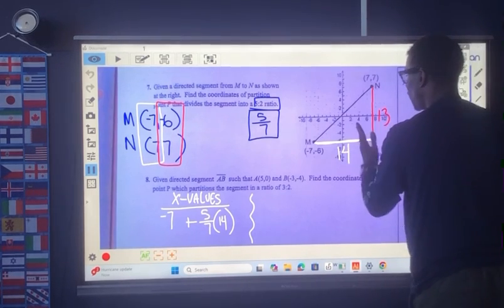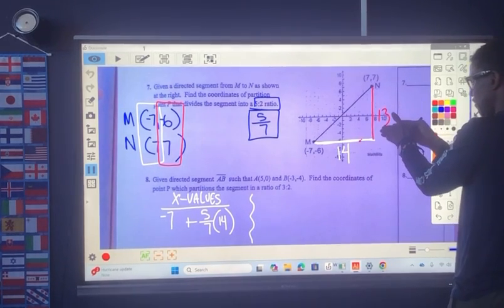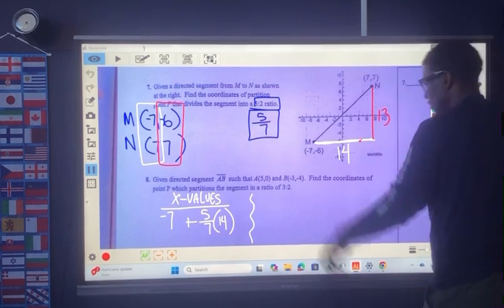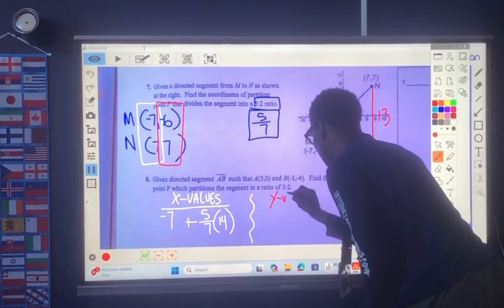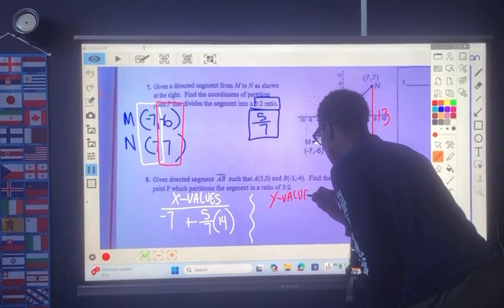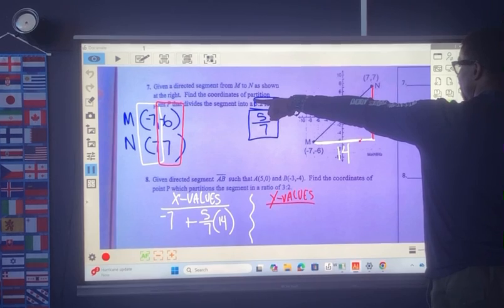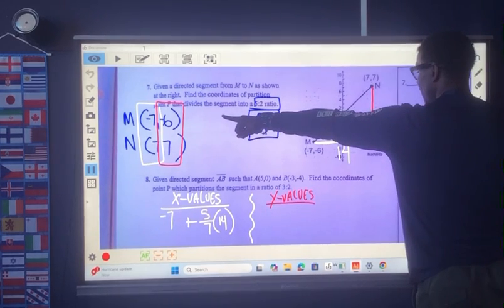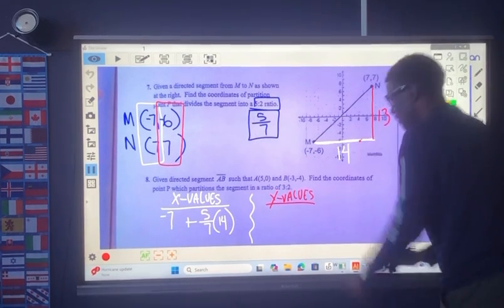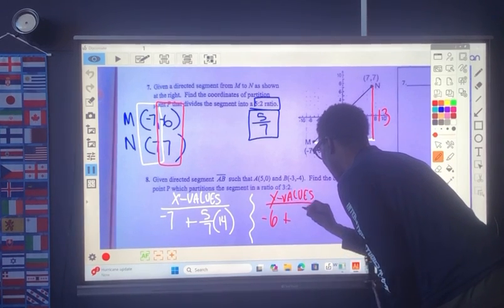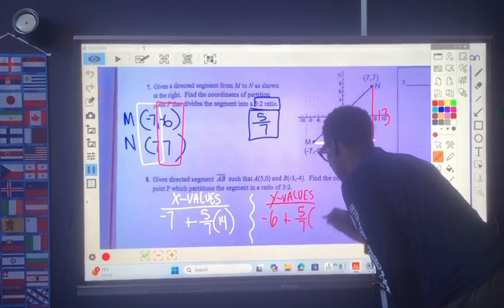I'm only going 5/7 of the 13 because I want the ratio to be 5/7 of it. So on the y values, where do we start according to the directed segment? You started at what? -6. So you started at -6, and you're only going to add 5/7 of what distance?